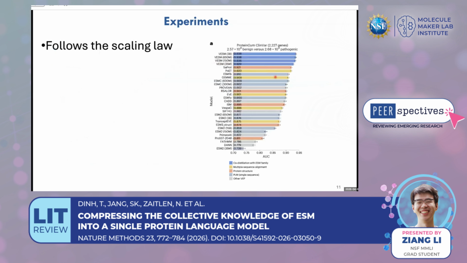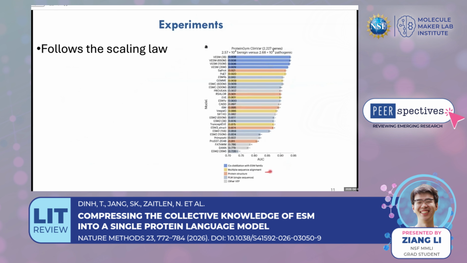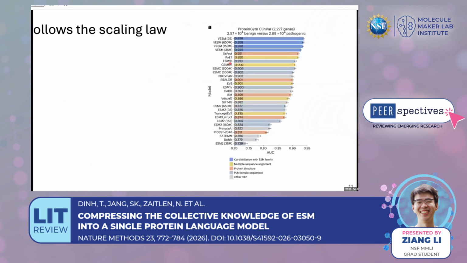So they evaluate the model on the ClinVar dataset, and the metric they're using is the AUROC, and they found out that their model, which is called VESM, performs the best compared to previous methods. And I feel like the best previous method for protein at ClinVar should be this ESM1B model. This is really famous, and those guys who are developing the DNA models are comparing with the ESM1B model.